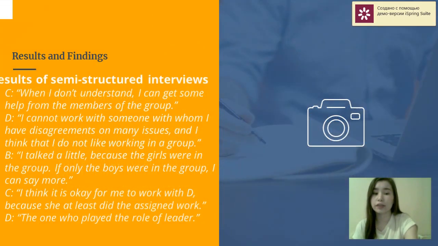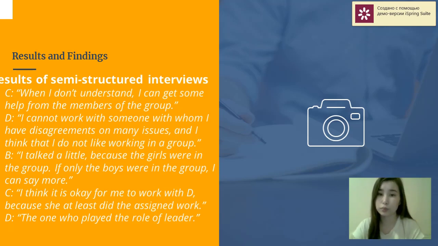Also, if they have one leader in the group, it is beneficial and convenient for them because a leader can lead the conversation, give instructions on how to do their jobs, and can help them, and it is one of the advantages of group work.